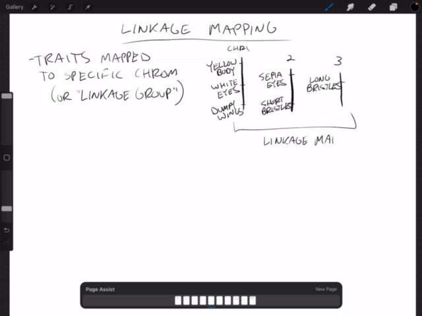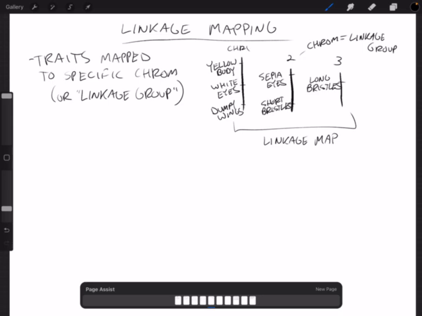Remember, chromosome equals linkage group. So long before we had genome sequences and that we knew all the sequences of all the chromosomes and where all the genes were, you might have isolated a new mutant. Let's call it pretty wings, okay, instead of dumpy wings. And you might want to know where in the genome the pretty wings allele is, right?